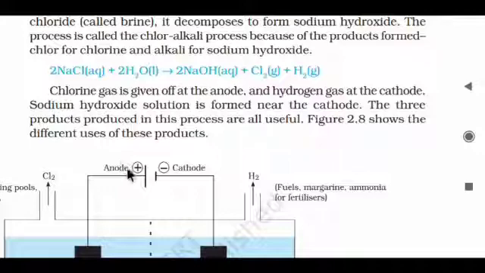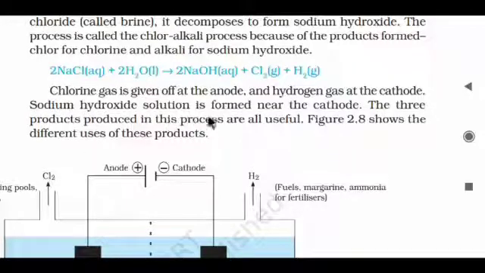Here you can see that we have the anode and cathode. Cathode is negative and anode is positive. On the anode, on the positive side, what will be formed? Chlorine, and hydrogen gas at the cathode. Here chlorine will form and here hydrogen.